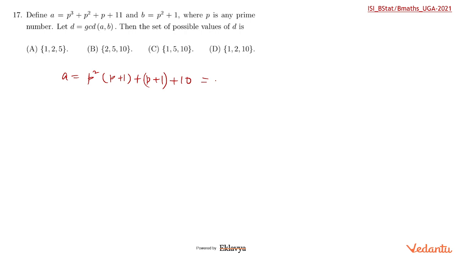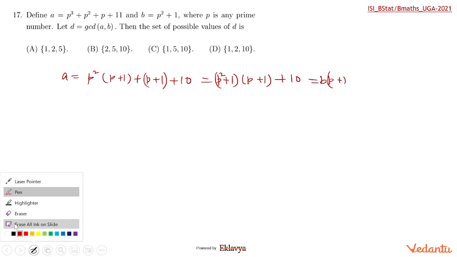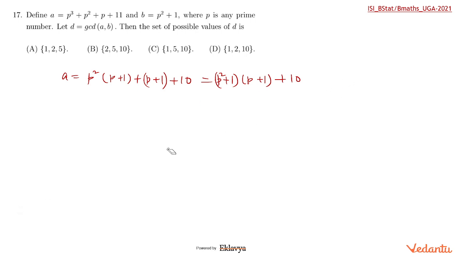So if you take p square, p plus 1 common, this is p square plus 1 times p plus 1 plus 10, and p square plus 1 is basically B. So it is B into p plus 1, alright. So B into p plus 1 plus 10.